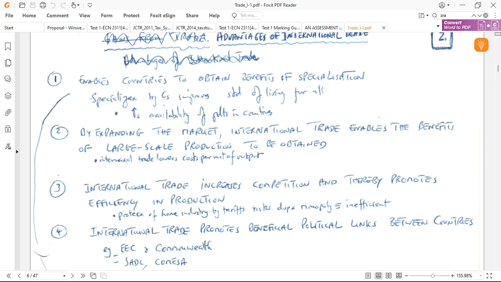We want to produce both copper and diamond on our own. And now, for us to produce copper, we need some form of technology, right? For us to produce diamond, we also need some form of technology, right? So it means that we'll be bearing higher costs, okay?